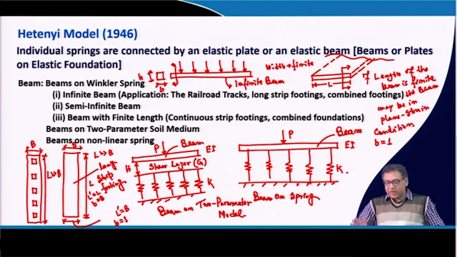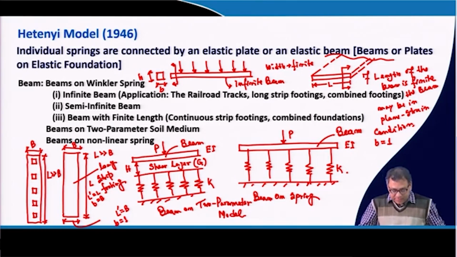So, under different conditions we can use an infinite beam, a semi-infinite beam, or a beam with finite length also. And the beam can be on a 2 parameter model, or on a non-linear spring also. As I mentioned, I will concentrate only on the beam on linear spring in this particular course.